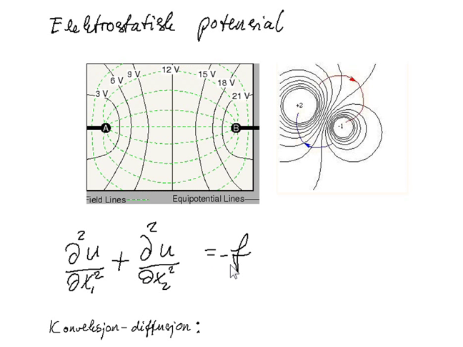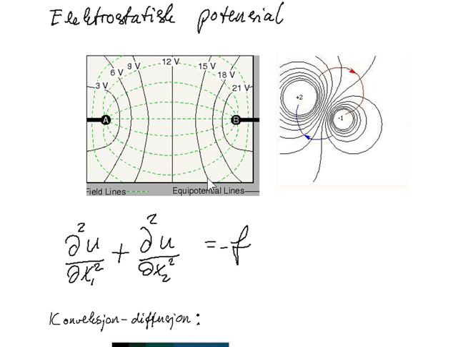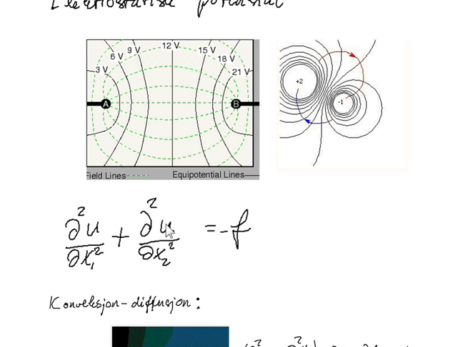It is the Poisson equation, and it can model a temperature problem, but it can also model electrostatic potential, where u is no longer the temperature, but the potential.